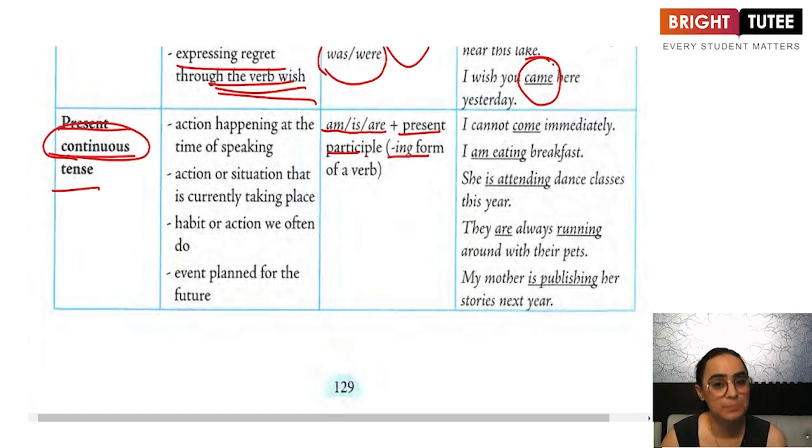So when you are speaking, whatever actions are taking place in front of you, we describe them using the present continuous tense. The next usage of the present continuous tense is to talk about an action or a situation that is taking place currently. Not in front of you, but you know that it is taking place presently.